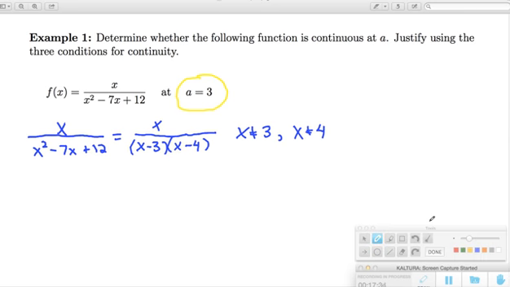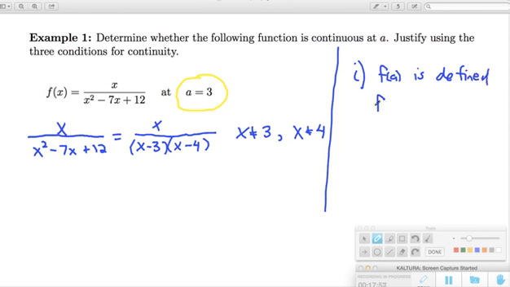The function is not defined at 3. So when you went to go check the 3 conditions for continuity, remember condition 1 was that f of a is defined. Well, in this situation, f of a is not defined, so therefore the function is not continuous at a equals 3.